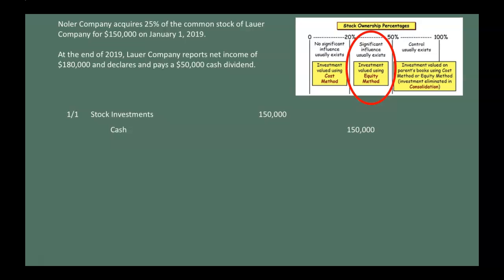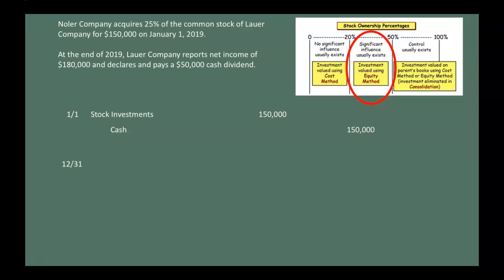Now here's where things change up a bit. At the end of 2019, Lauer Company reports a net income of $180,000. If we owned less than 20% of the business, it doesn't matter what the company reports as their net income. If we were using the cost method, we don't receive any piece of that. However, when you own between 20 and 50% of a business, you do receive part of that net income.